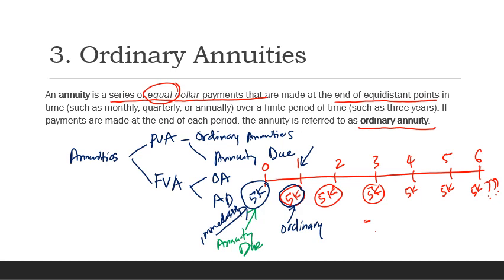It means that there will be one additional payment compared to an ordinary annuity, because in the case of annuity due, the payment starts immediately. It will not wait for the end of year 0, but will start at the start of year 0.